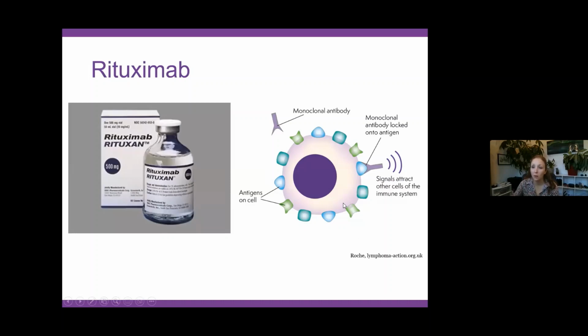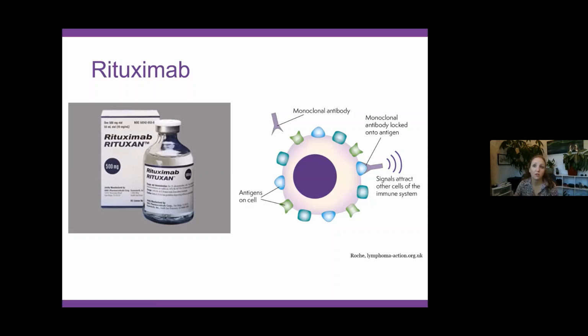That's how we tell exactly what type of lymphoma it is. So what happens is that this antibody comes along and sticks onto the protein on the surface of the cells, and it signals to other cells in the body that the lymphoma cell shouldn't be there. So it causes the body to attack the lymphoma cells. It causes them to release different things that can kill the cells in different ways.